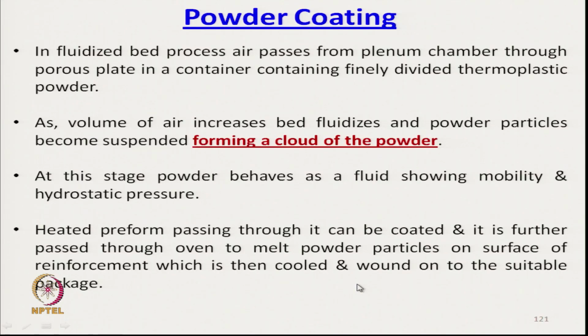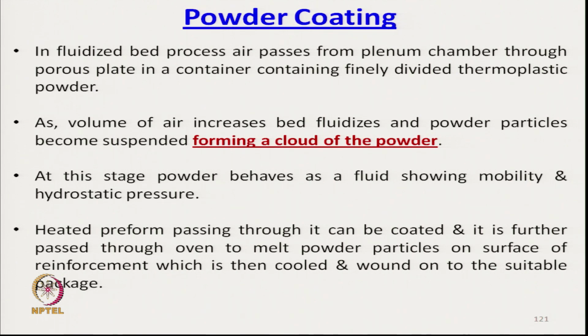Now, I will discuss the powder coating technique. The powder coating is done through a fluidized bed. What is a fluidized bed? In this process the air passes from a plenum chamber through a porous plate in a container containing finely ground thermoplastic powder.